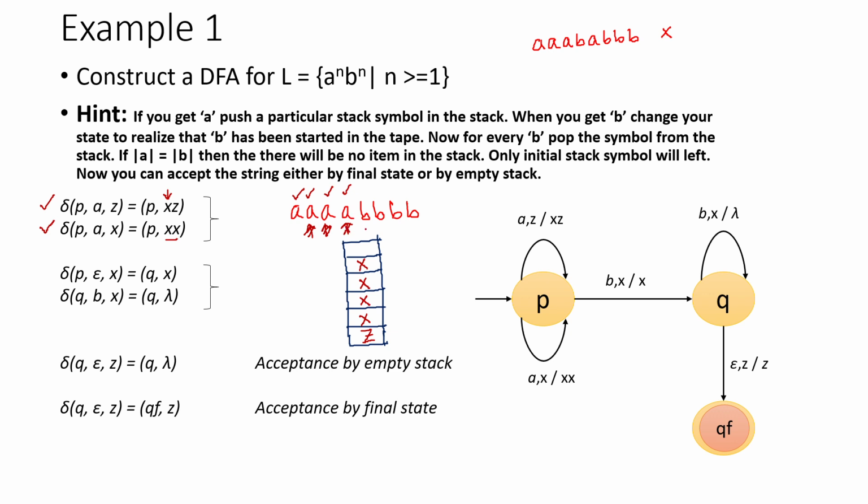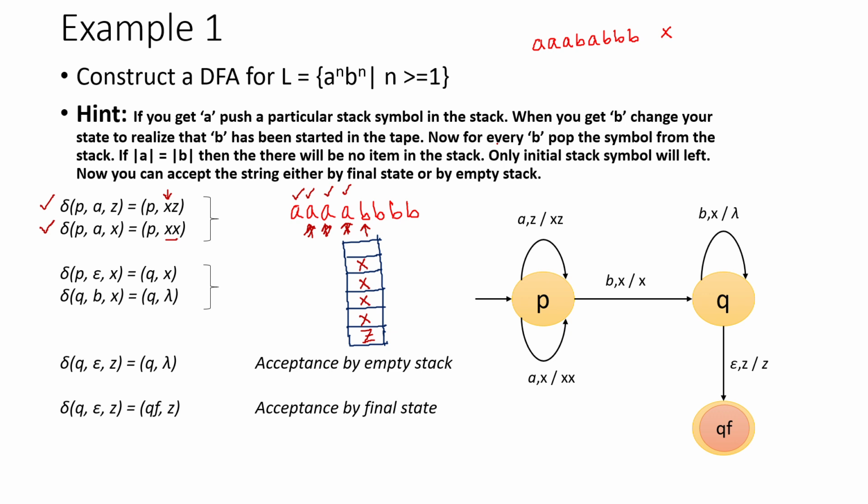And now your read head is reading over here, and we can see from this example, from this particular string, that now this is the part of the transition, because somehow we have to remember that all the A's have completed and B has started.